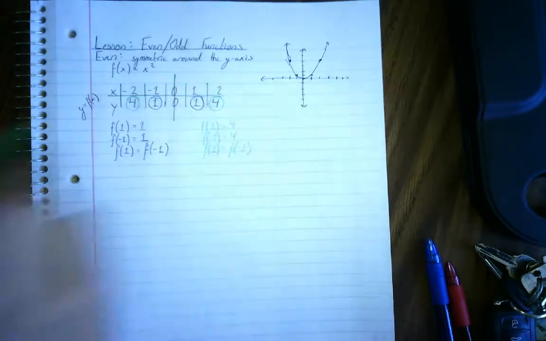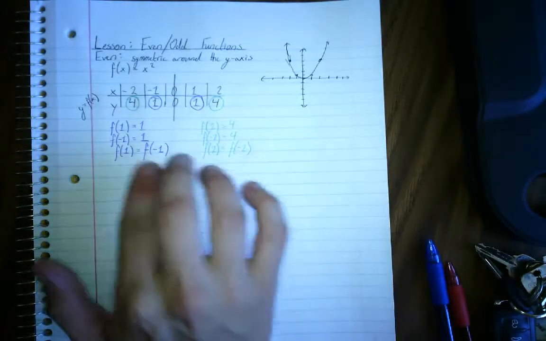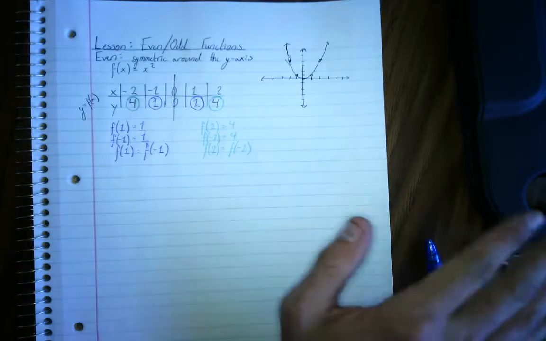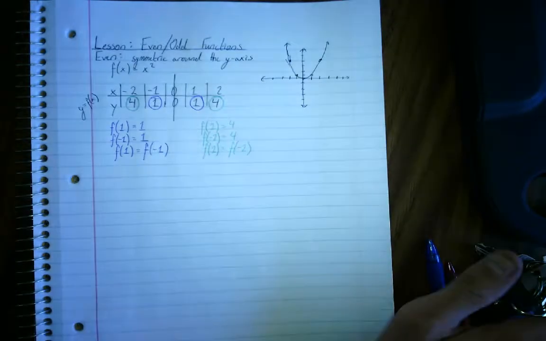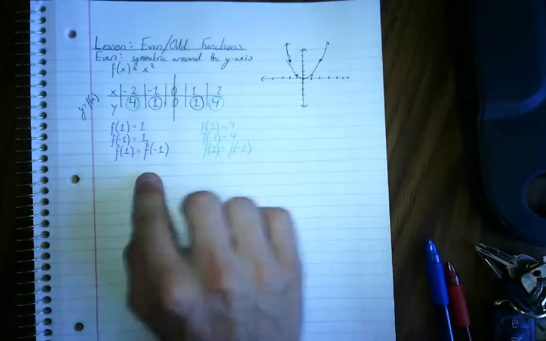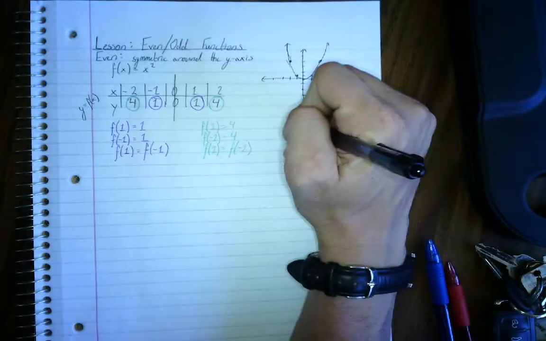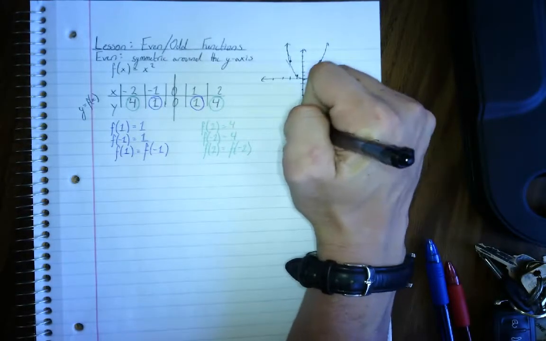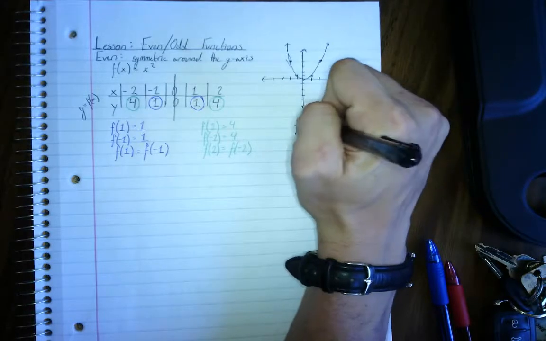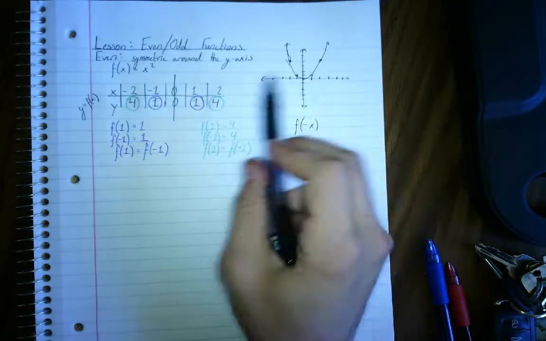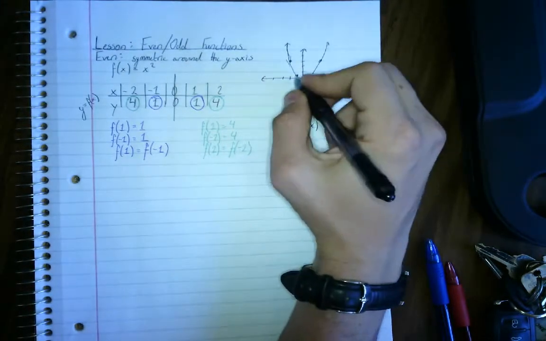So now we want to generalize it a little bit more and ask, what happens if we choose any value, x? If we go x steps to the right, we're going plus x steps. It's going to be the same exact thing as going x steps to the left.